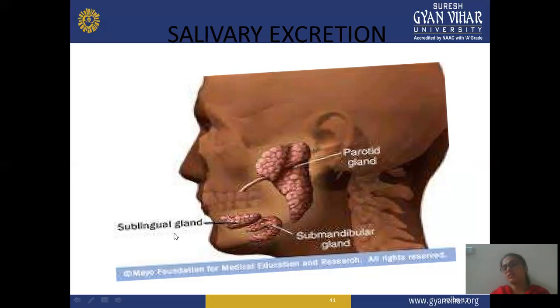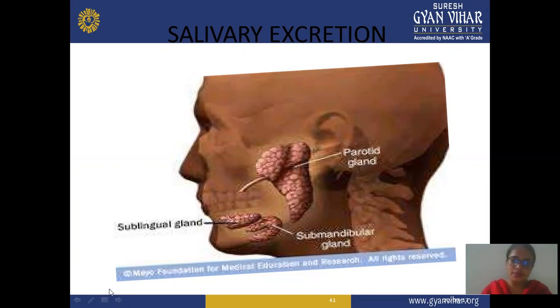With a basic drug, there may be a chance of feeling dryness in your mouth. This is regarding the salivary excretion of drugs.